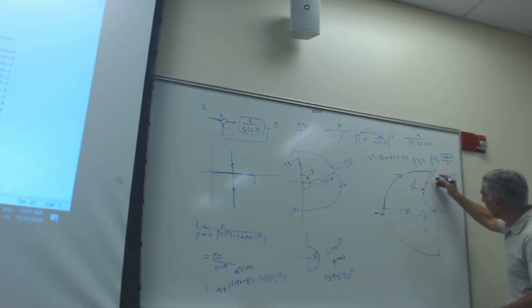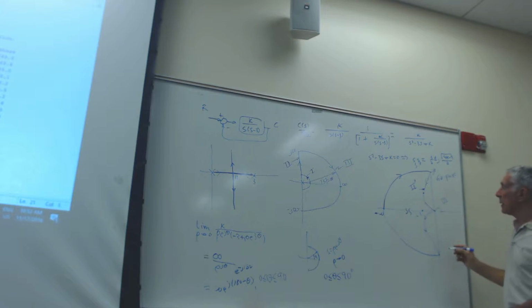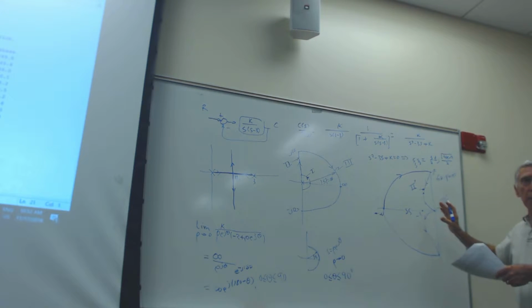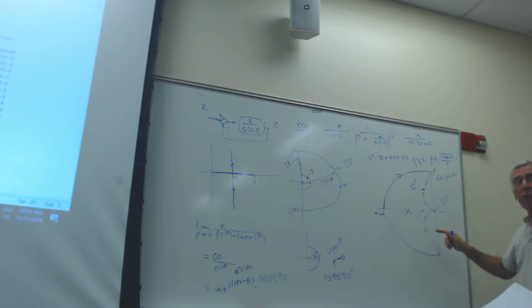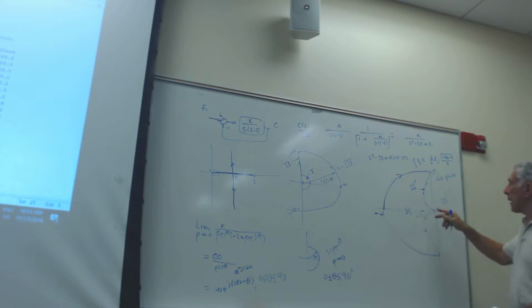It might come out a little bit more or come in a little bit more, but it's always going to come in at an angle of 180 degrees. So the shape is not going to change, and therefore the minus 1 point will always be enclosed for any positive gain k. There's no way that this contour could exclude the point minus 1.